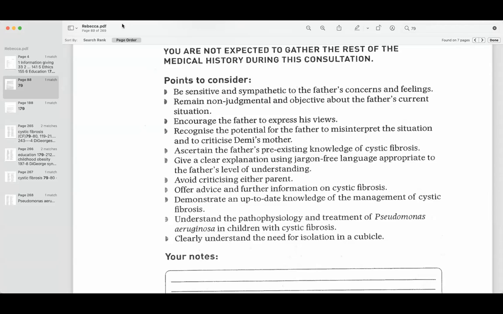And if any bug goes into these secretions, like in the lungs, it's difficult for them to clear that out, and they get infected easily and for a long time compared to other children. Are you getting my point? Yes, I got your point, doctor. So how will you proceed with Demi now?